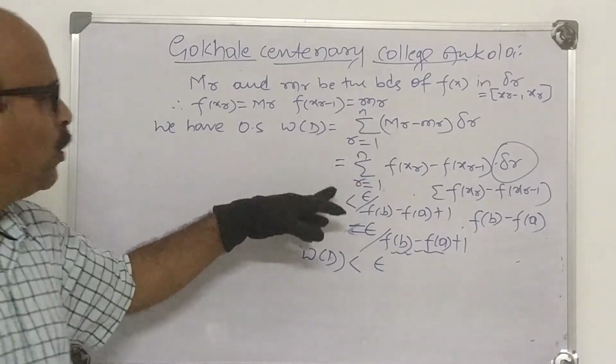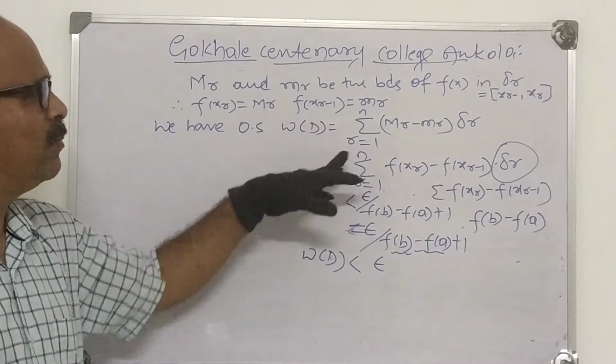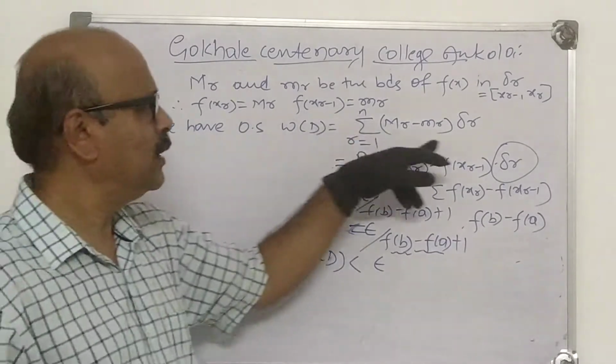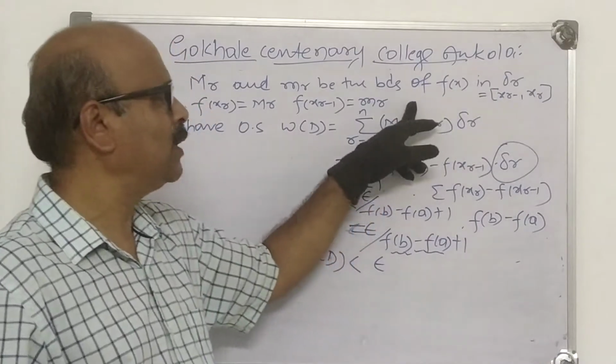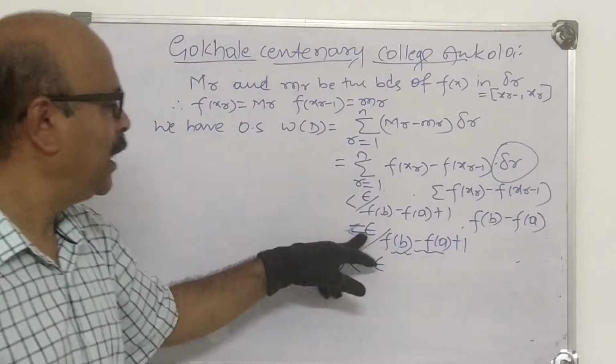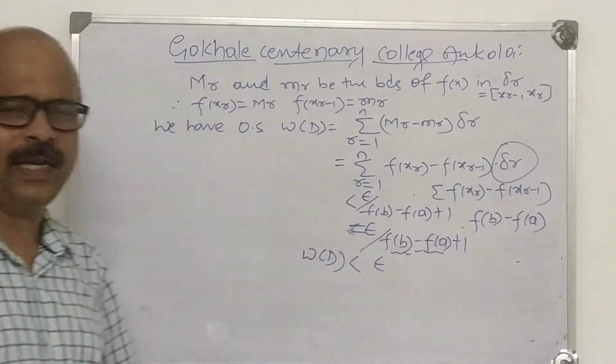Next, we have divided [a, b] into a finite number of subintervals by this division D, so that the oscillation of f(x) in each subinterval is less than epsilon by fb minus fa plus 1. That is the main idea here.